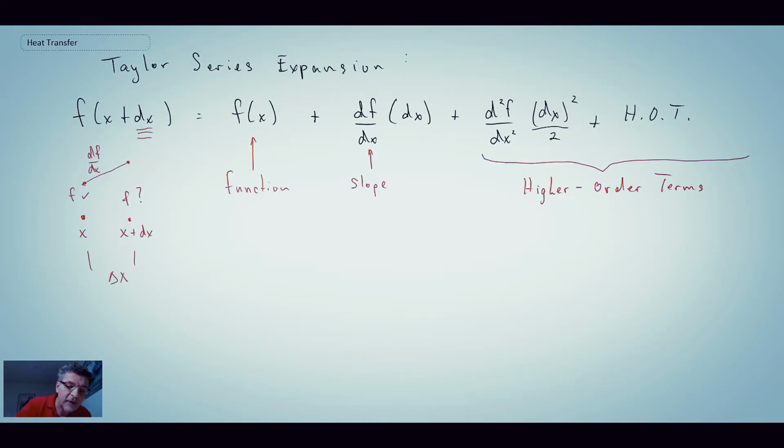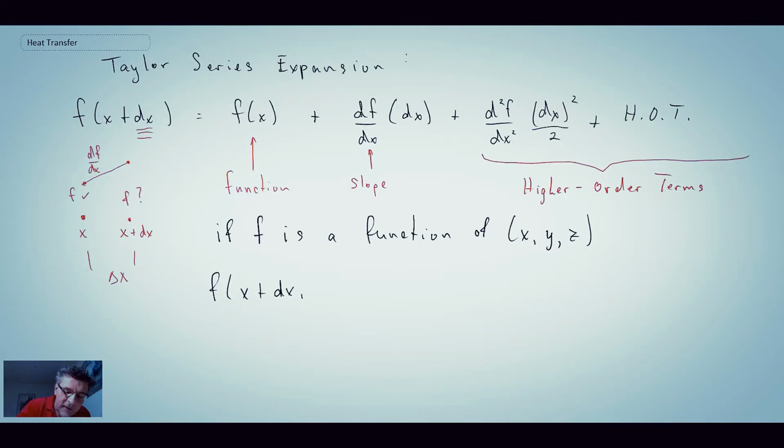So looking at the Taylor series expansion, if we have f being a function of x, y, z, which in this case we do because we're dealing with a three-dimensional system, you would just expand about one direction at a time.